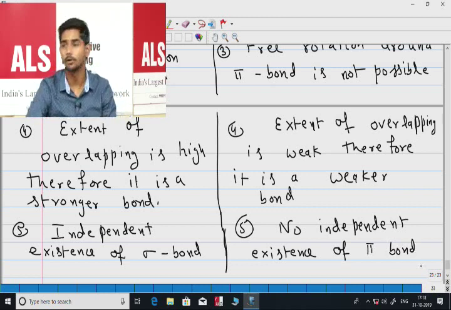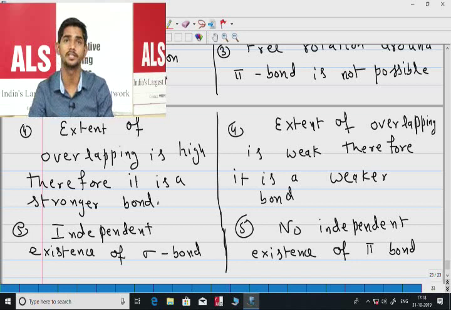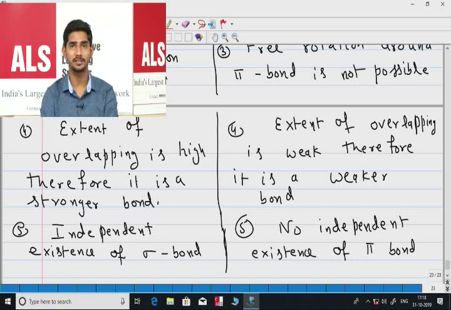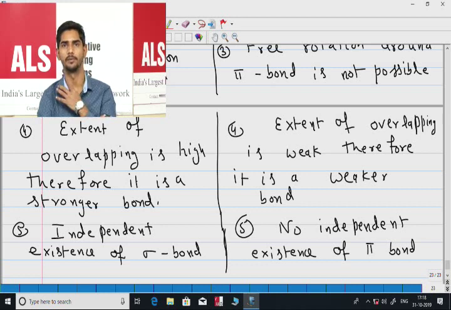Guys, remember, pi bond will always exist with a sigma bond. Okay? Pi bond cannot exist independently. If in a molecule there is a pi bond, there definitely will be a sigma bond.